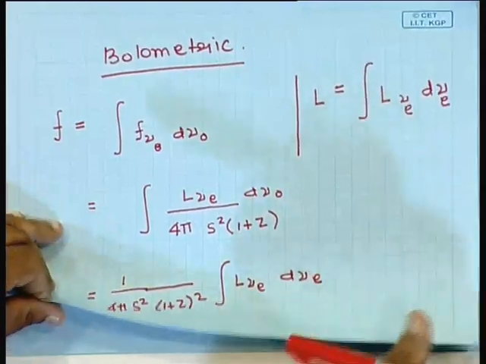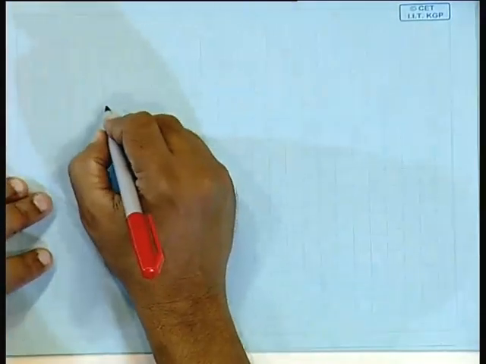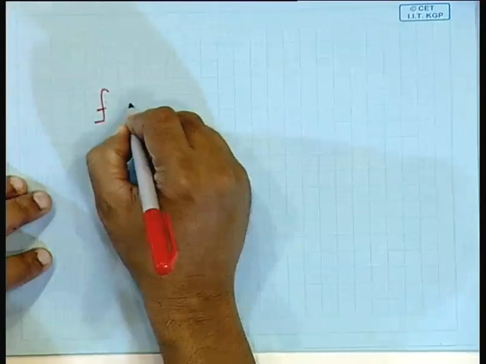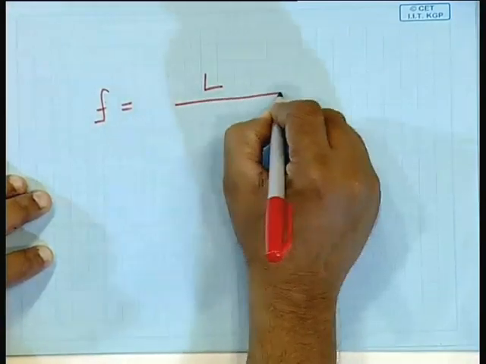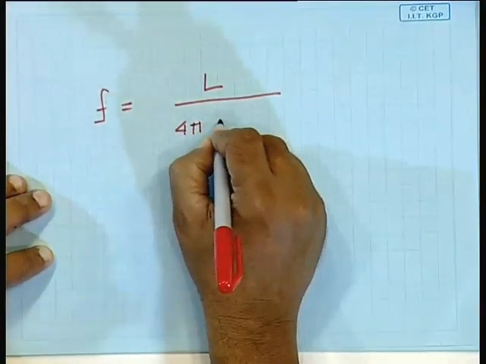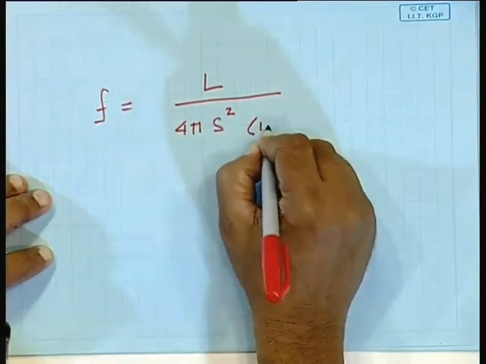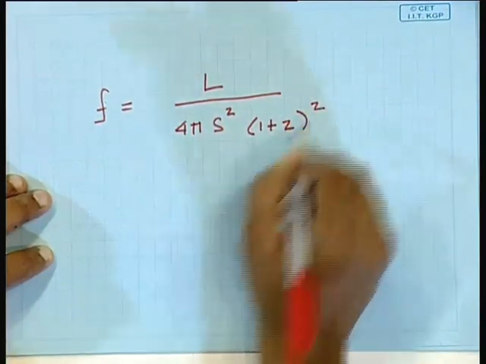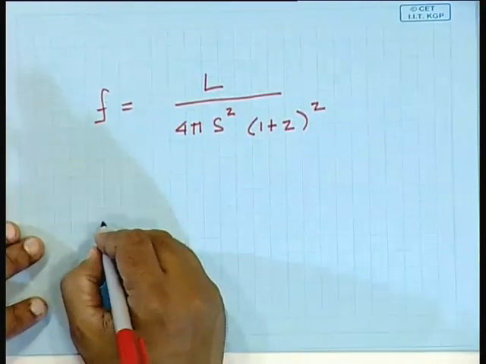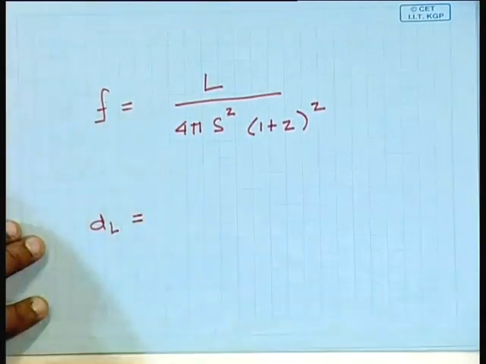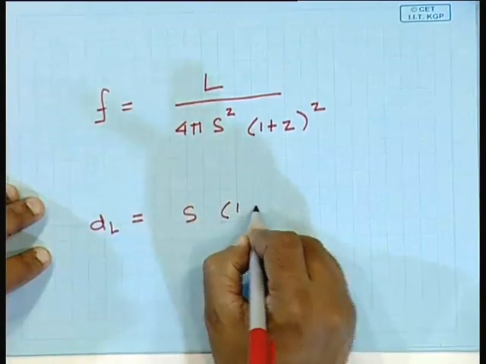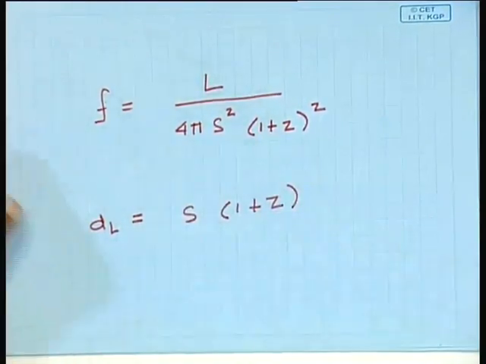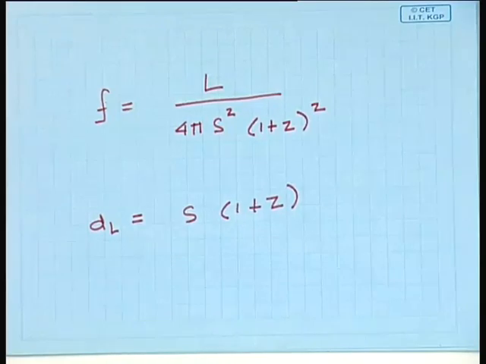So, finally, we have this expression that the bolometric flux is equal to the bolometric luminosity divided by 4 pi S square into (1 plus z) whole square, or the bolometric luminosity distance is S into (1 plus z). It increases faster than the corresponding quantity if I use the specific luminosity instead of the bolometric luminosity.